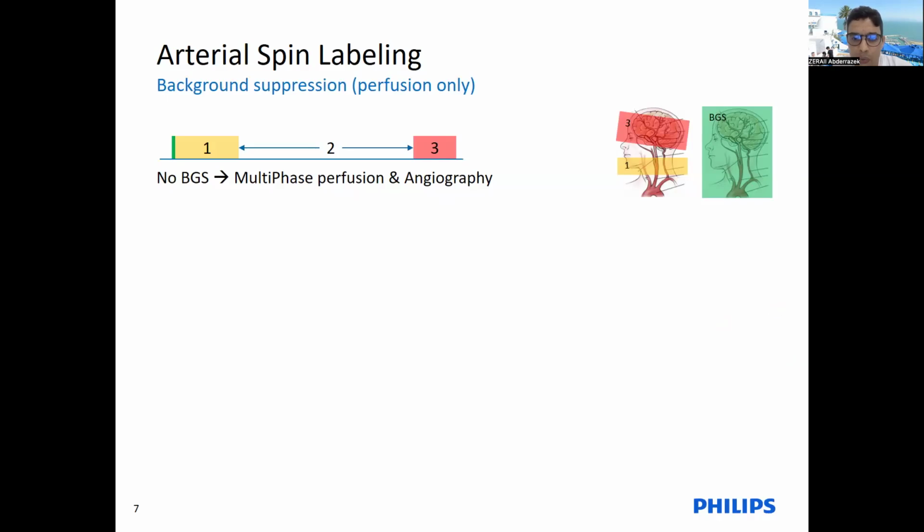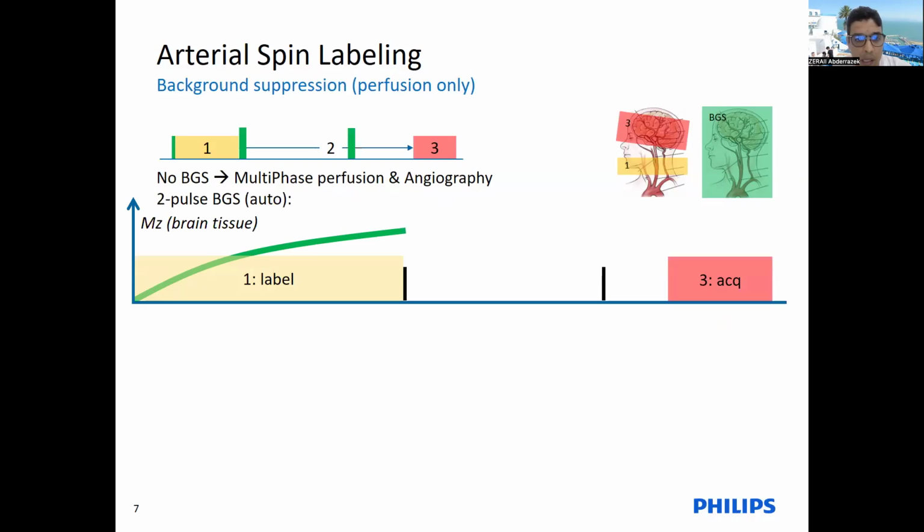So if you do a subtraction, it results in an image that encodes not only perfusion, but also other physiological differences. Background suppression aims to minimize this effect by making sure there is as little background signal as possible, to avoid contamination.